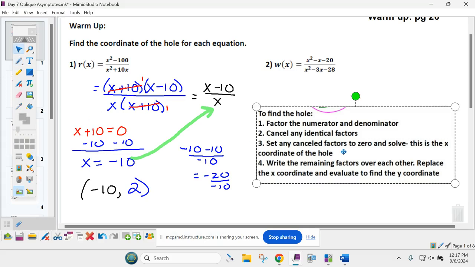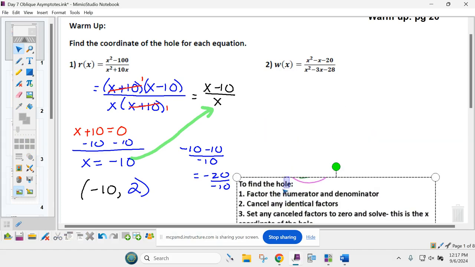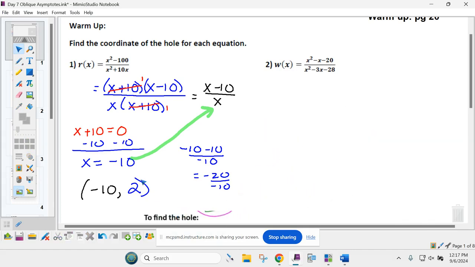I'm going to do the same thing on number 2. The numerator, what multiplies to negative 20 and adds to negative 1, is going to be x minus 5, x plus 4. For the denominator, because we're specifically finding holes, some factor should divide to 1.